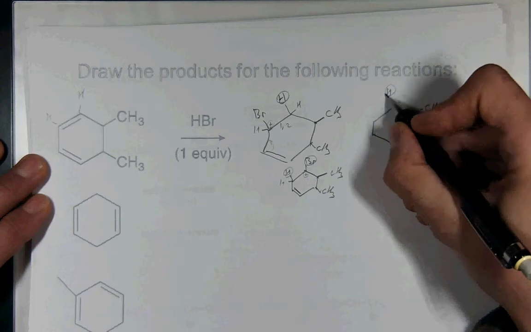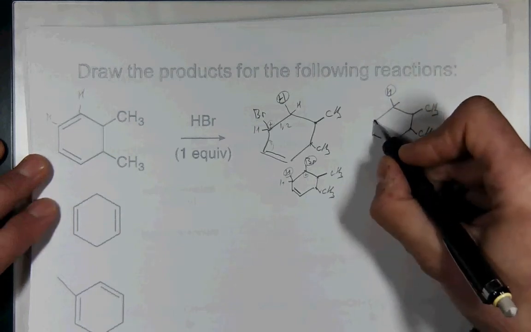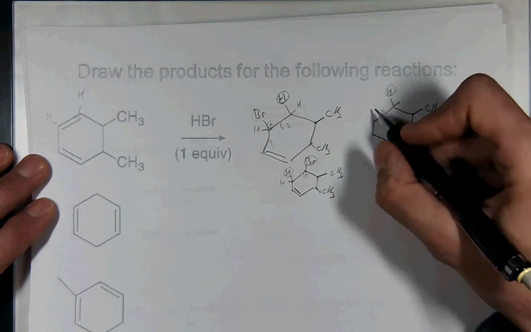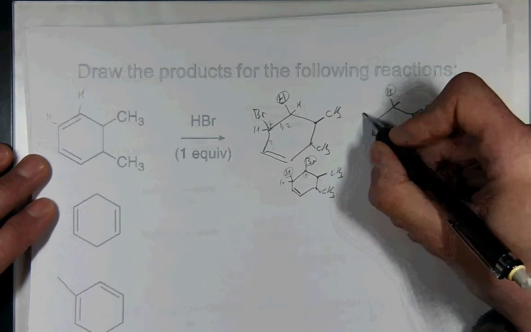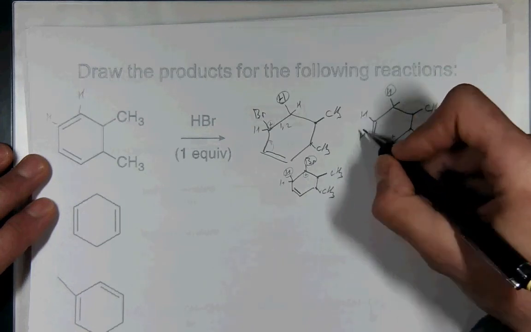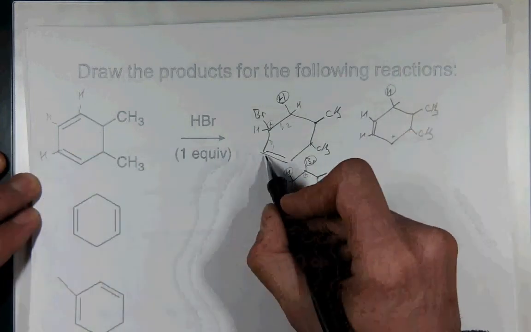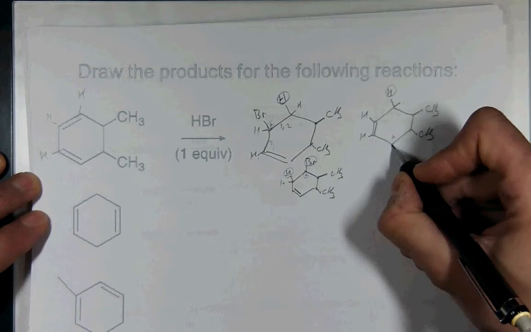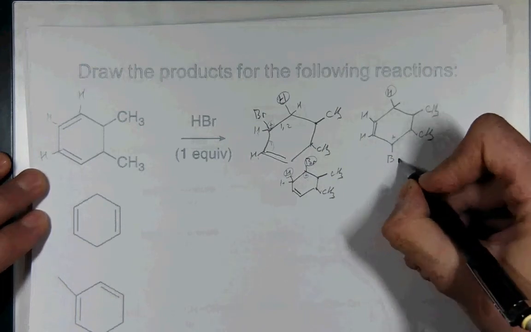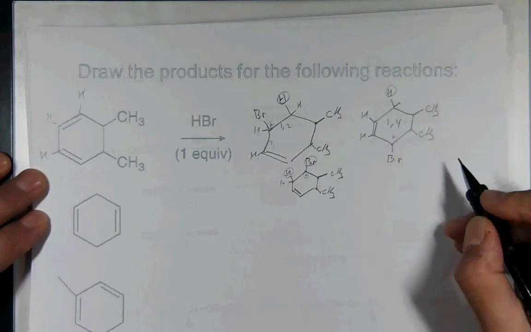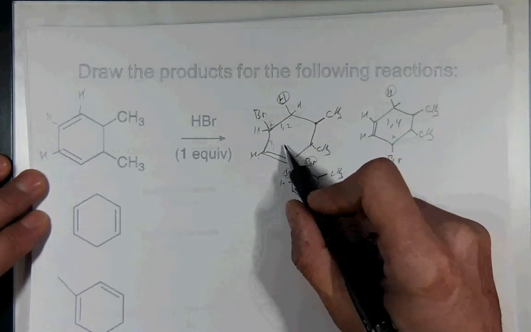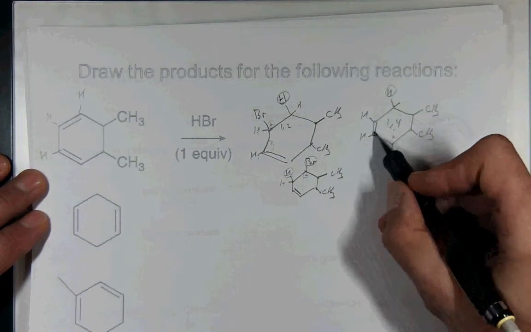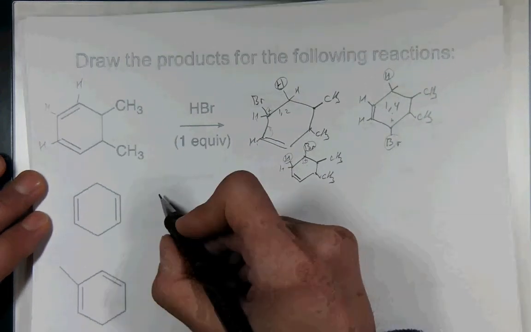So we added the hydrogen here, generated the carbocation here, which then moved down to here. We're going to put the double bond there. These hydrogens are the same hydrogens we started off with. The bromine attacks here now, and we get the 1,4 product. So there's in fact 2 different 1,2 products and a 1,4 product.